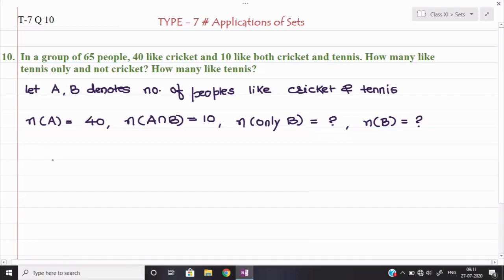But here such things are not given, means the persons you have taken may be liking at least one of the games. So we can say that here the value of n of A union B is given as 65.